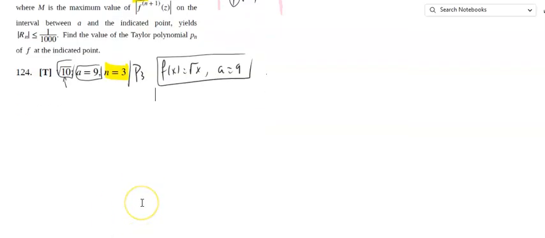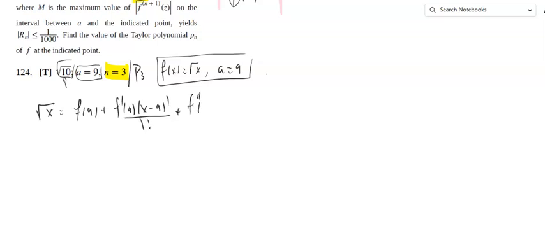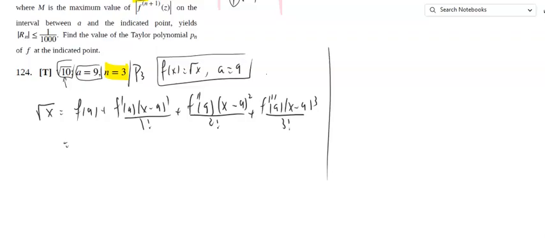I am aware that I'm going to say, look, this radical x around 9 is going to be f of 9 plus f prime at 9 times x minus 9 to the 1 over 1 factorial, plus f double prime evaluated at 9 times x minus 9 squared over 2 factorial, plus f triple prime of 9 times x minus 9 cubed over 3 factorial.